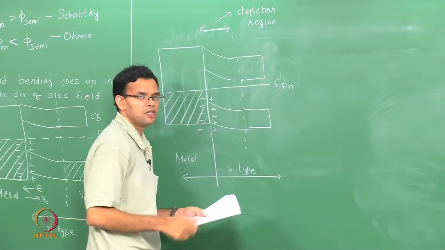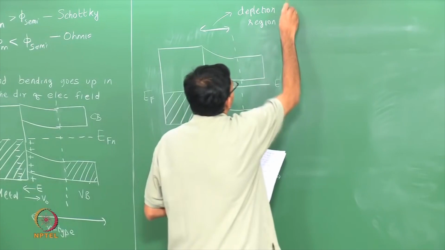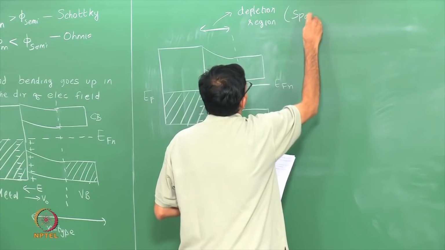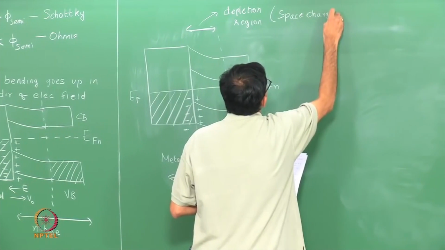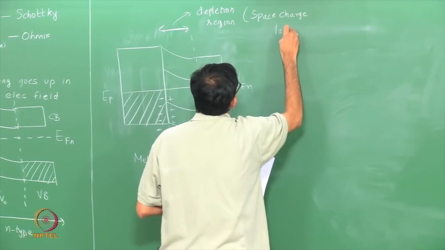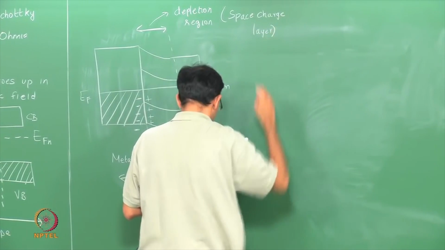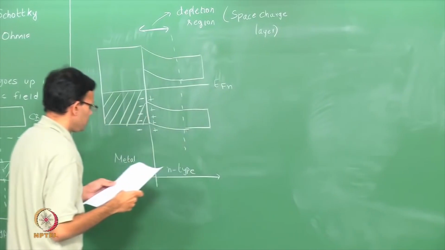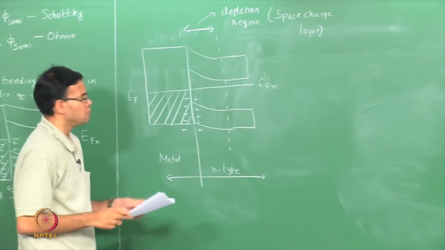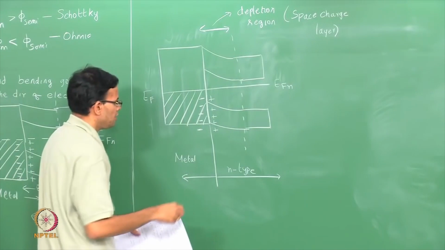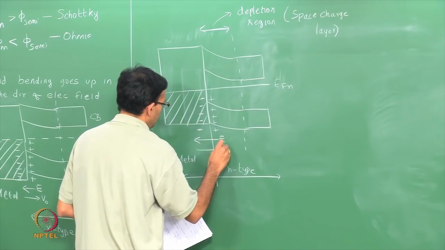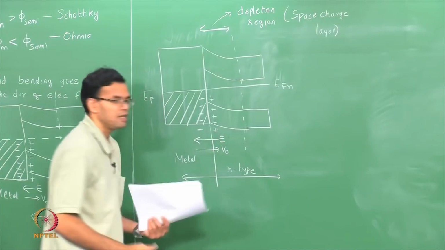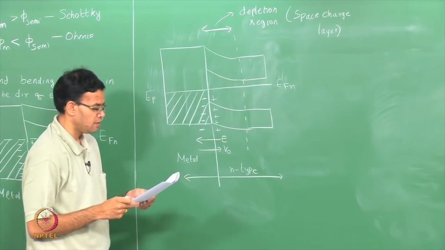Another name for the depletion region is the space charge layer. So, we now have an electric field and a contact potential between the metal and the semiconductor.